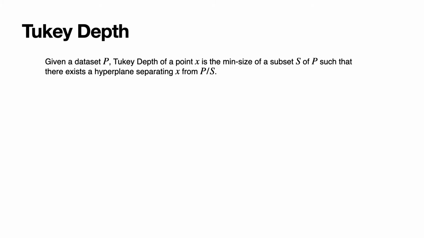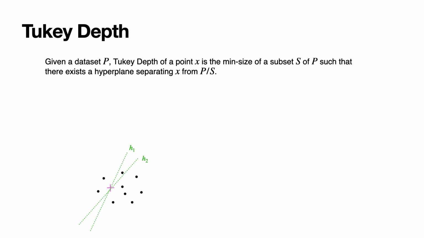For a given dataset P and a point x in the space, the Tukey depth of x is defined to be the minimum size of a subset S of P such that there exists a hyperplane separating x from P minus S. As shown in the left figure, the black solid circles denote data points.